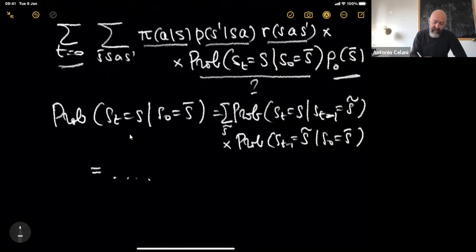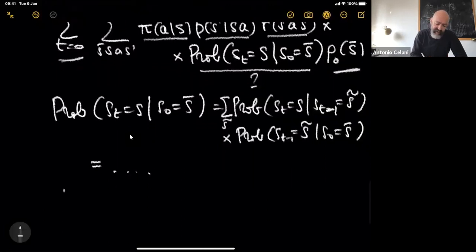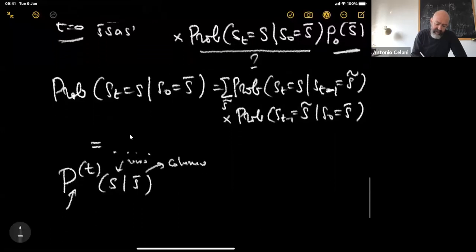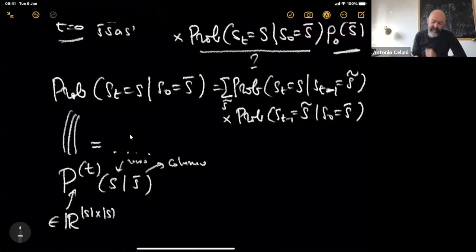Okay, so let me define a matrix P_T with indices S and S bar. So these are the rows and these are the columns. And this is a square matrix. So this object here is exactly this thing, by definition.